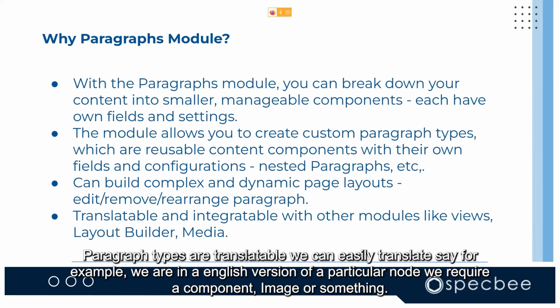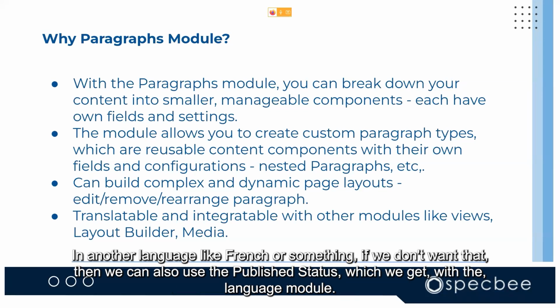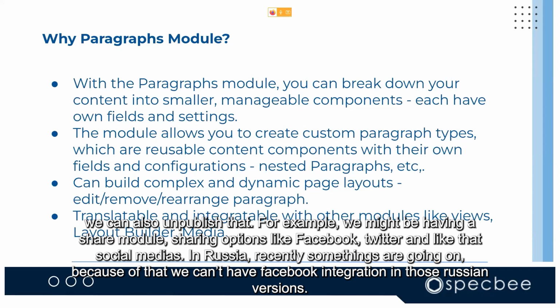For example, in the English version of a particular node we may require a component like an image, but in another language like French we may not want that. Then we can use the published status that we get with the Translate language module, and we can unpublish it.